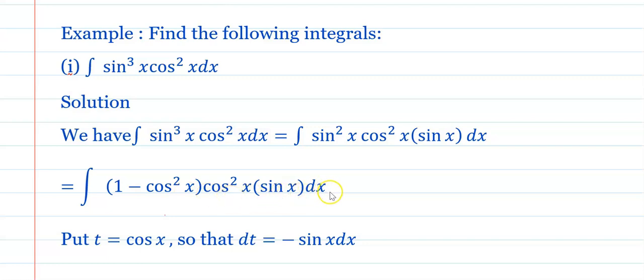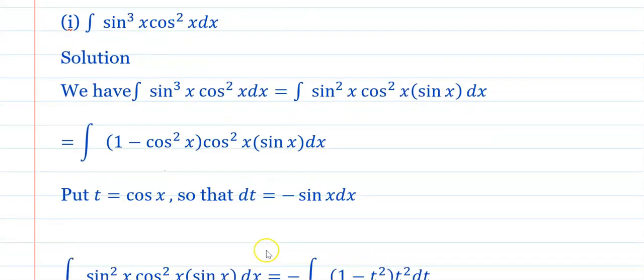sin x into dx. Now here the function is present, its derivative is also present. Which is the function? Cos x is a function, its derivative is minus sin x. We can arrange its negative sign. Put t is equal to cos x, so that its derivative dt is equal to minus sin x into dx.